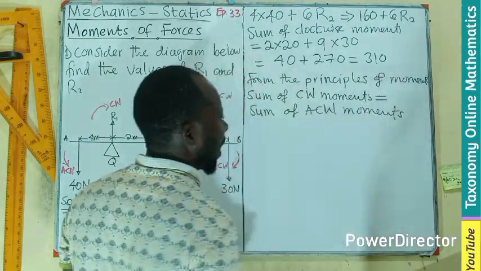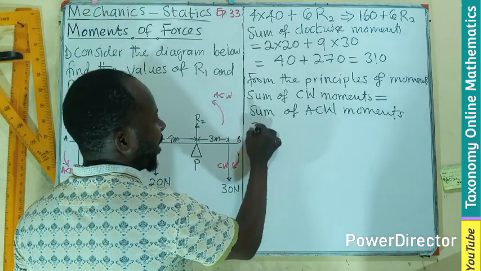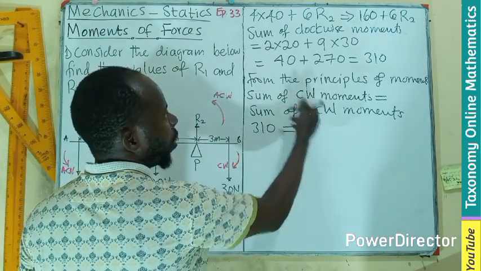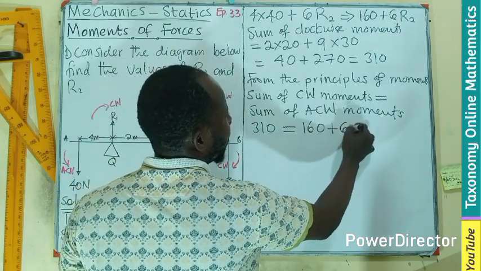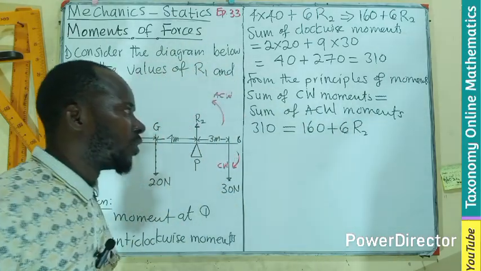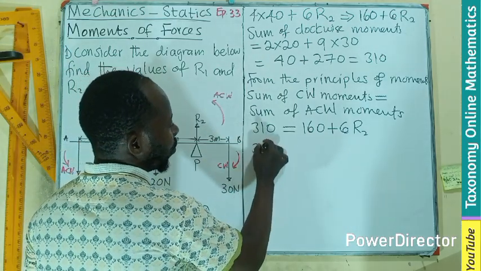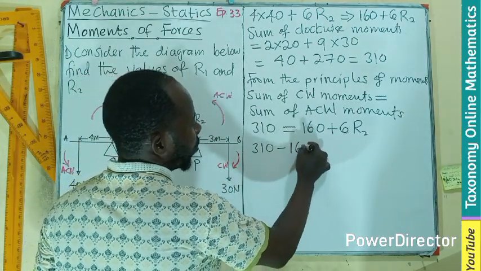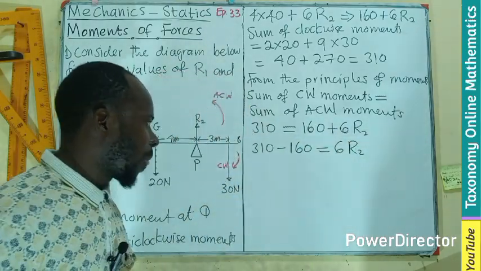What is the clockwise moment? The clockwise moment is 310, which should be equal to the anti-clockwise 160 plus 6 normal reaction 2. So we subtract 160 from both sides. So 310 minus 160 equals 6 R2.